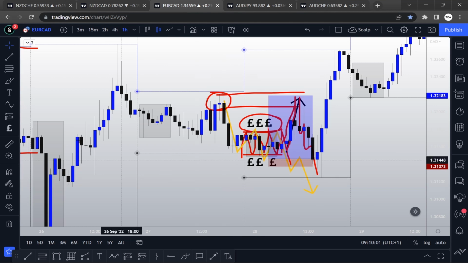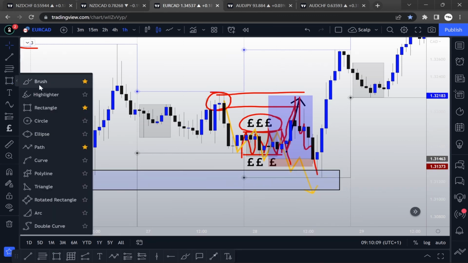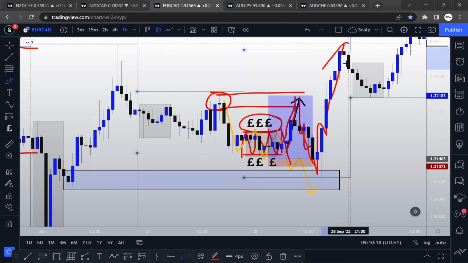Okay, and we had this demand zone over here, which was used precisely. So that's another liquidity grab to the downside, and then the market made an impulsive move to the upside.